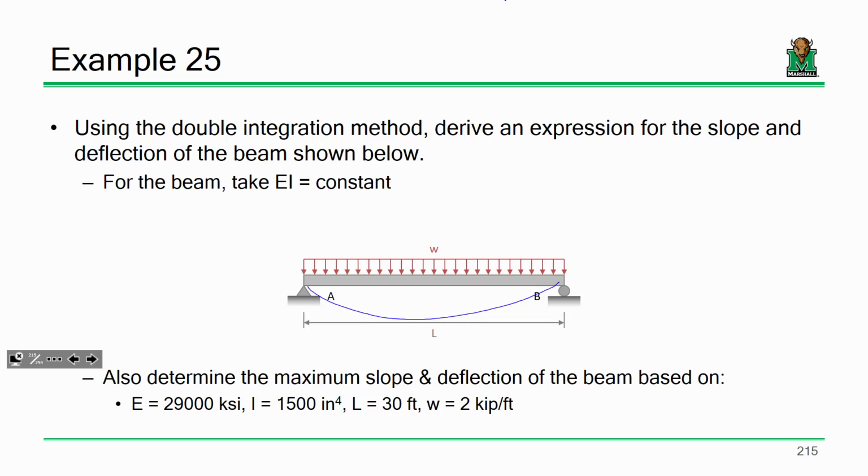I'm going to have two of them, because I'm going to integrate twice, so I'm going to get two unknown constants. I propose that the deflection here is 0 and the deflection there is 0. Those are my two boundary conditions. Make sense? All right, that's point one.